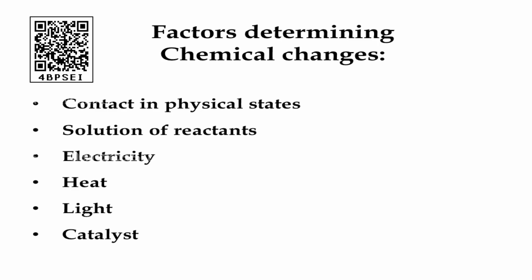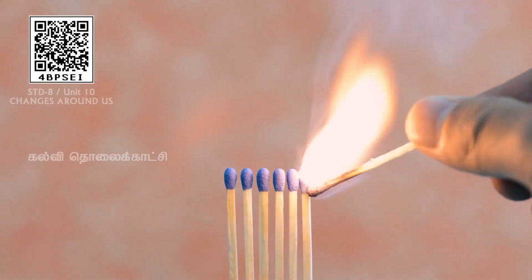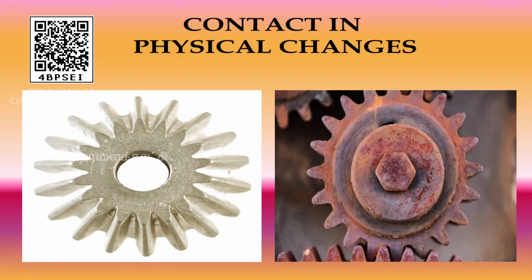First is contact in physical states. Children, we experience many events in our daily life like burning of a matchstick on rubbing and iron materials turning reddish brown. Why and how do these changes happen? These changes are due to chemical reactions by contact in physical states.